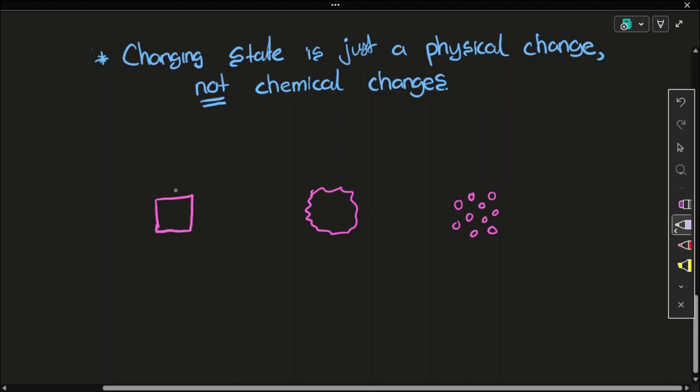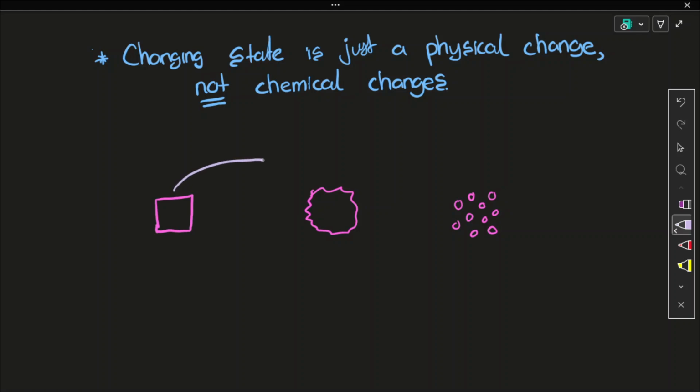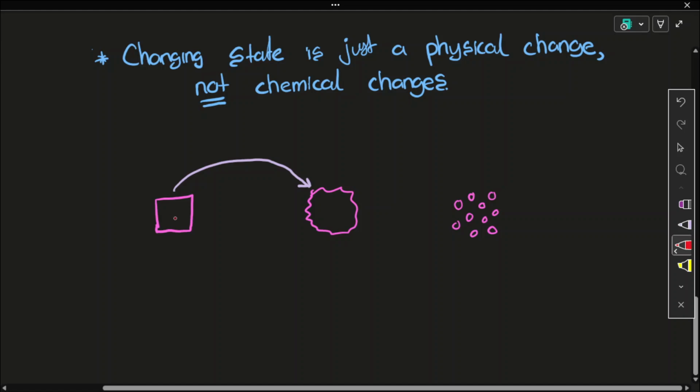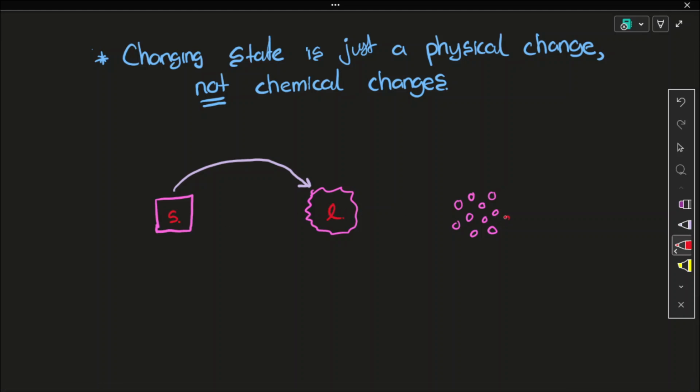It's like this. When you convert a solid into a liquid. So I'm going to label these in case. Solid, liquid, and then we have our gases. So when you're going from a solid onto a liquid, it's a pretty straightforward process.